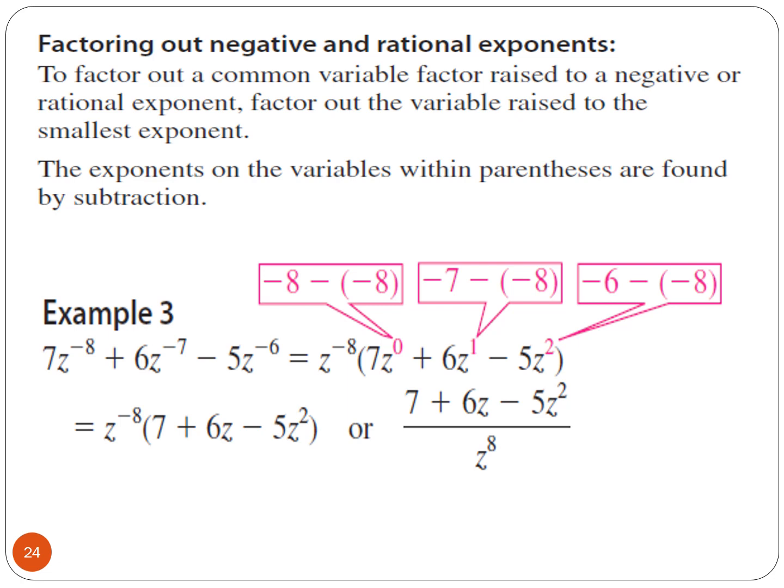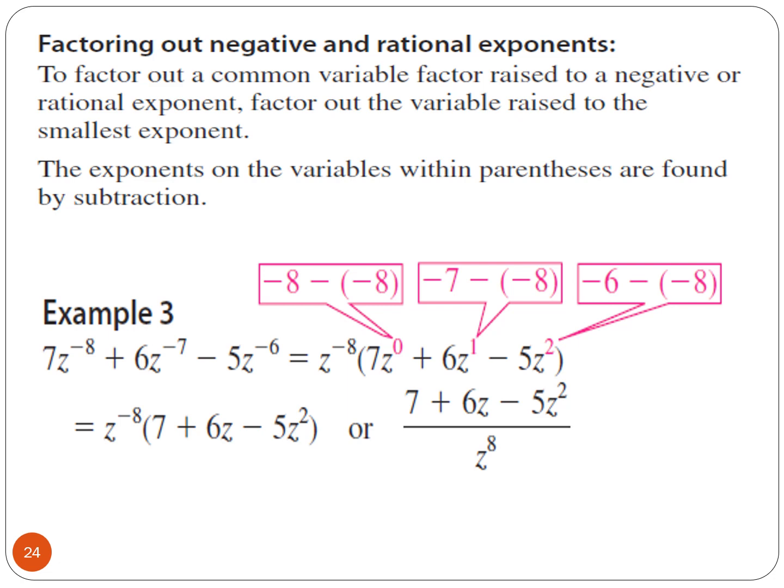7 times z to the minus 8 plus 6 times z to the minus 7 minus 5z to the minus 6. Here the smallest exponent is minus 8. So what you want to factor is z raised to the smallest power, z to the minus 8.